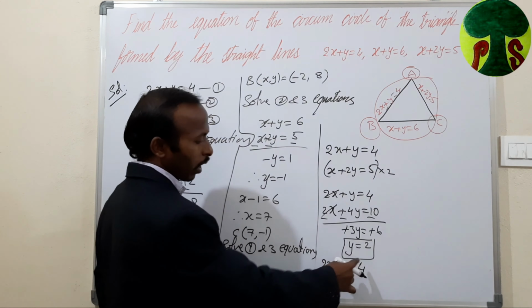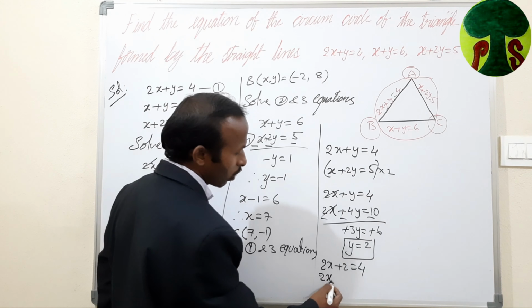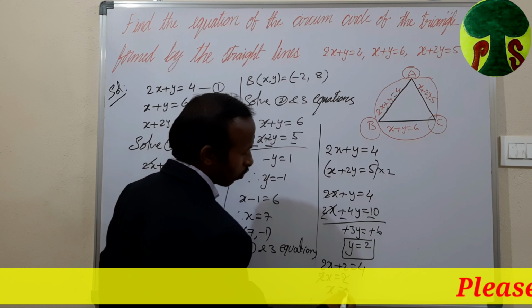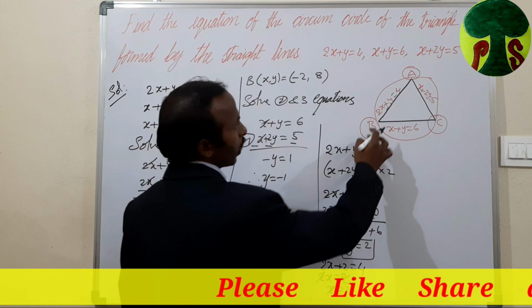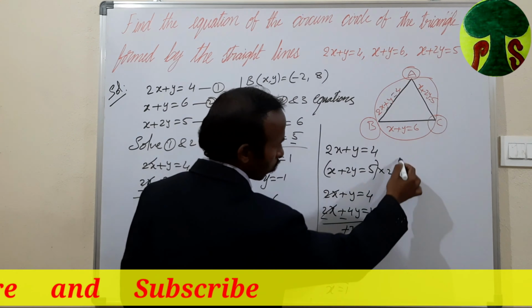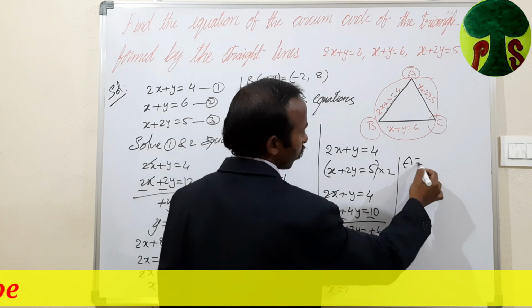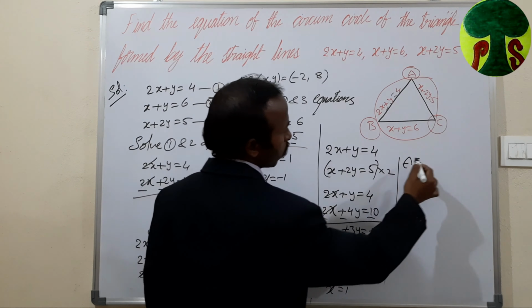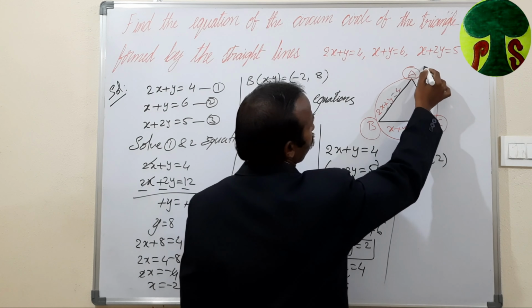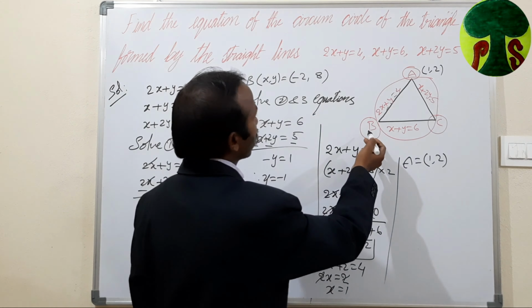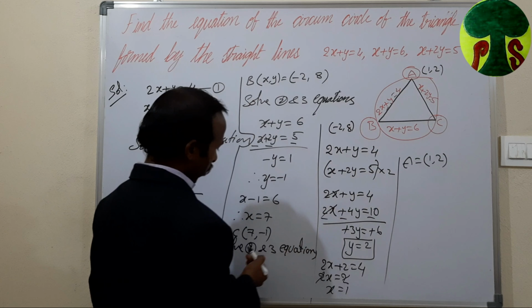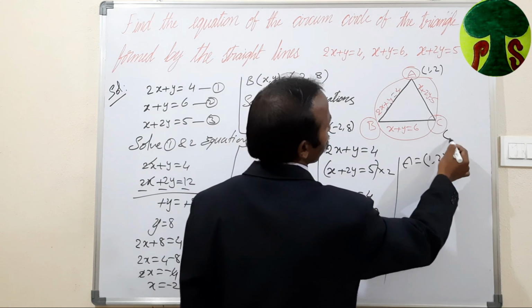Take 2 to the right hand side, 2x equal to 2, so x equal to 1. So A is 1 comma 2. Vertex B is minus 2 comma 8 and vertex C is 7 comma minus 1.